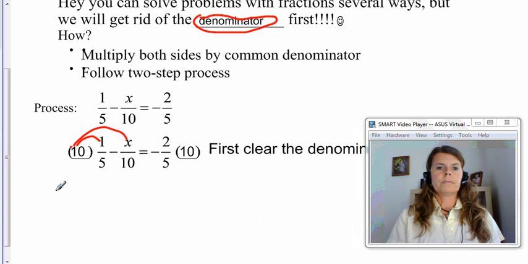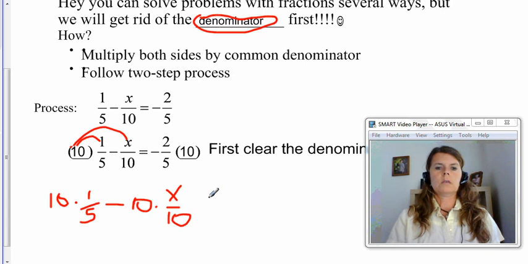So I'm going to go 10 times 1/5, and you should be writing this in your notes, minus 10 times x over 10 equals 2/5 times 10.